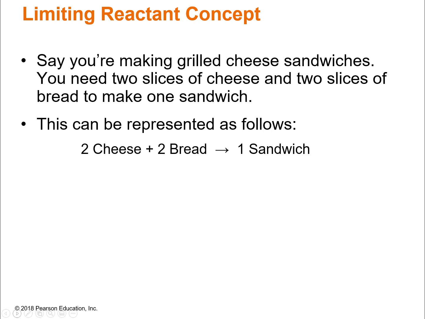If you come to me and say, here's a sandwich with 1 slice of cheese on it, I'm going to look at you sideways. That doesn't even reach the edges of the bread. It's got to be 2 slices. We can write that as an equation: 2 slices of cheese, 2 slices of bread, you make 1 sandwich. Let's say that I have 4 slices of cheese and 4 slices of bread.